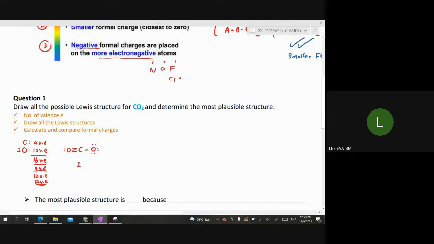So now if I borrow one of these lone pairs from the second oxygen, and then I push it into the single bond. So kalau madam buat macam ni, maksudnya madam jadikan sini sebagai double bond. So when you push in, carbon only can achieve octet. Lepas tu madam push out satu lagi. So dekat sini madam dapat structure yang kedua.